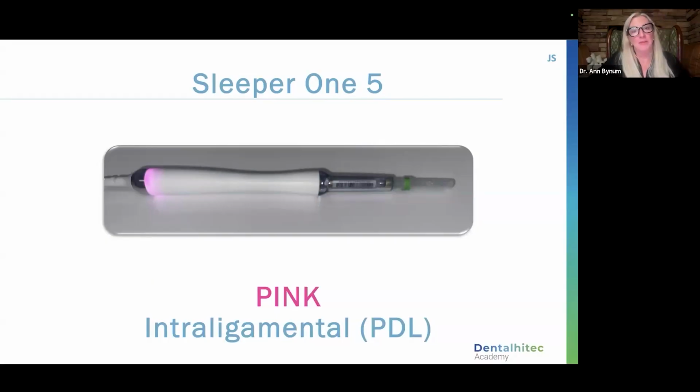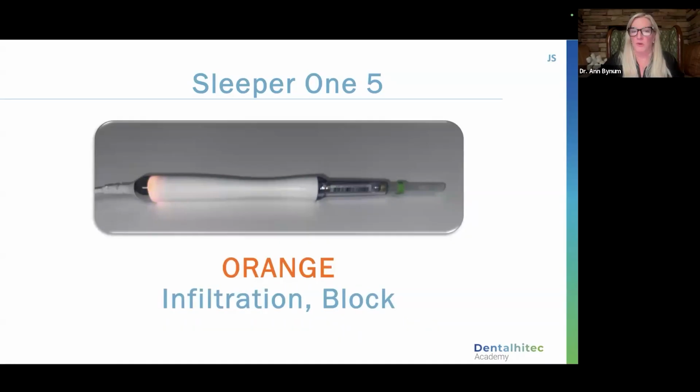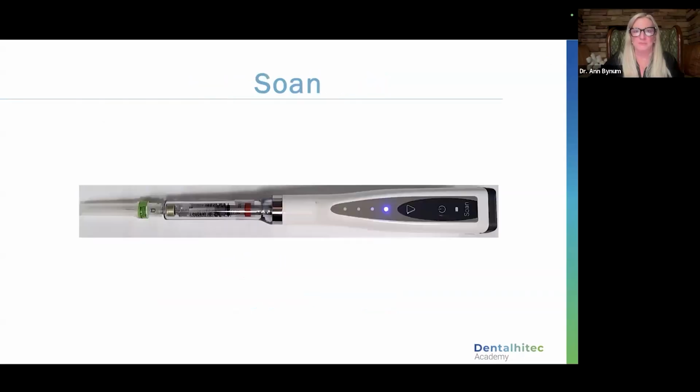The pink, you do not have to get your traditional syringe out if you want to give an infiltration, or if you got some wild hair to give a block. You can use these devices for that as well. So with the SleeperOne, if it's pink, you're giving an intraligamental or a PDL injection, and then orange would be for an infiltration.